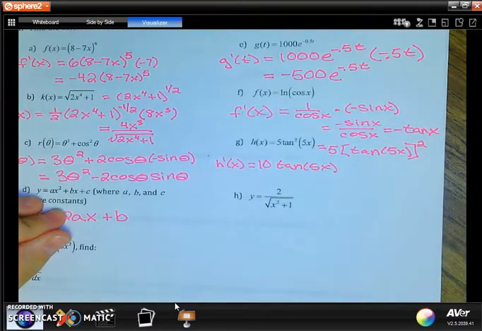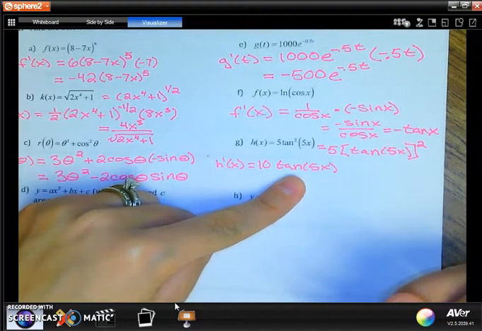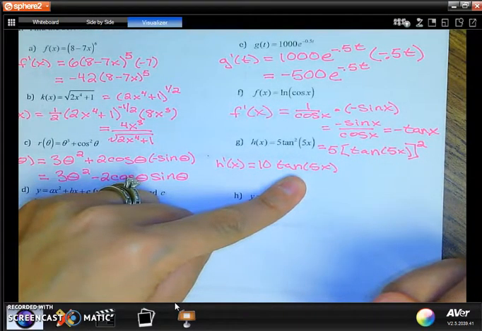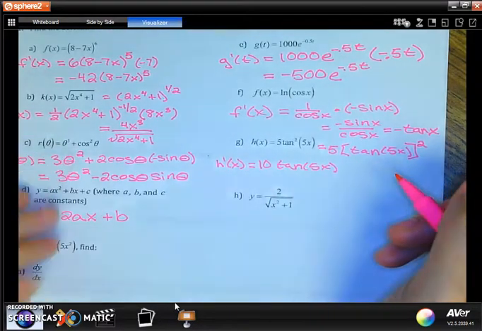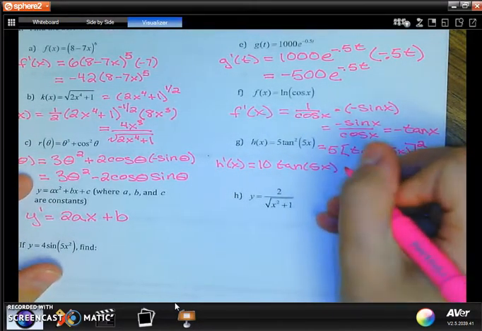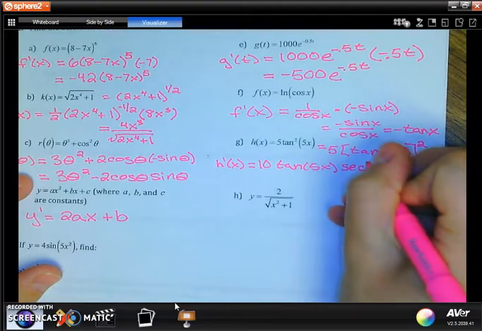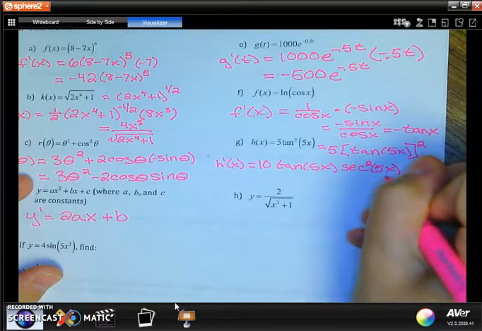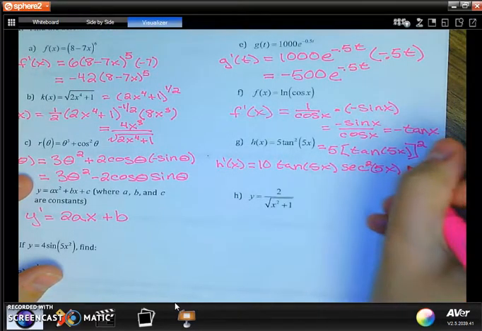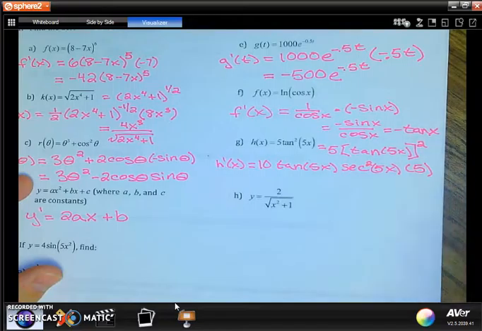How do you take the derivative of tan of 5x? Very similar to our notes from day 1, that's going to be another chain rule inside of there. The derivative of tan is secant squared, so it's going to be secant squared of that thing. But now I have to take the derivative of what's inside because I still have those parentheses. So the derivative of that is going to be a 5.